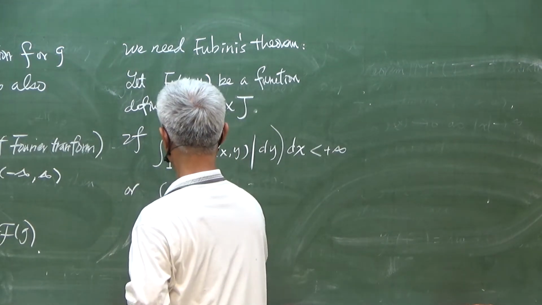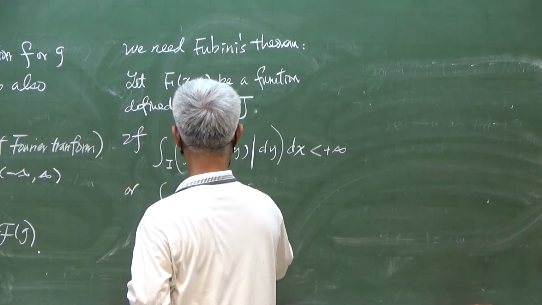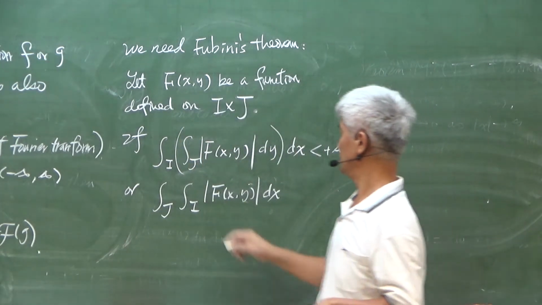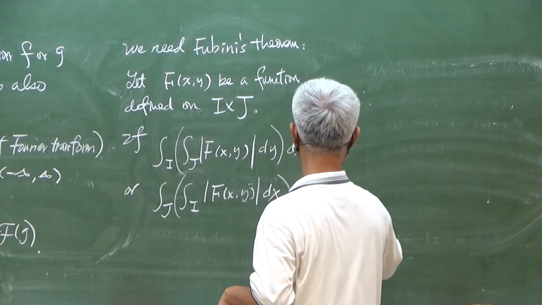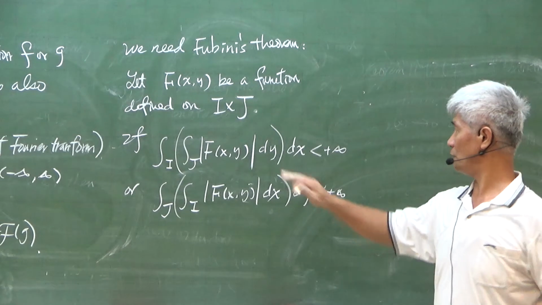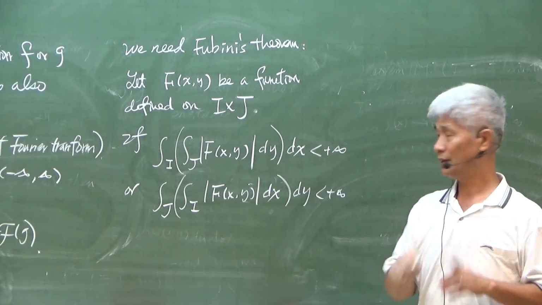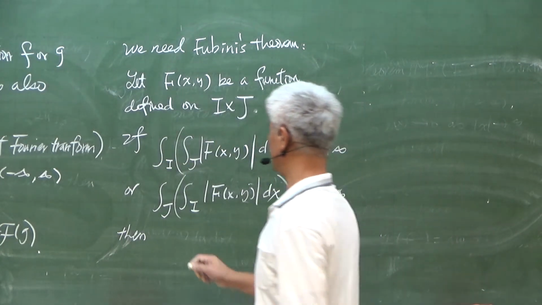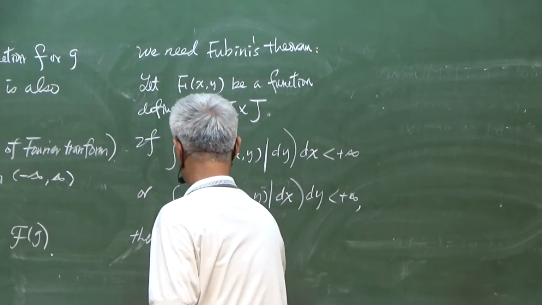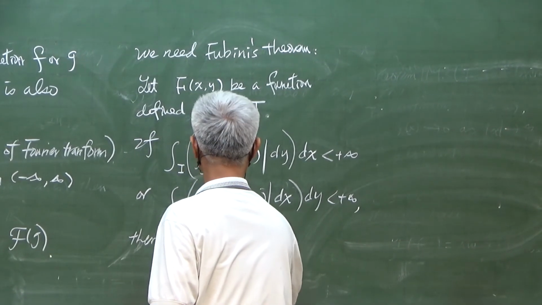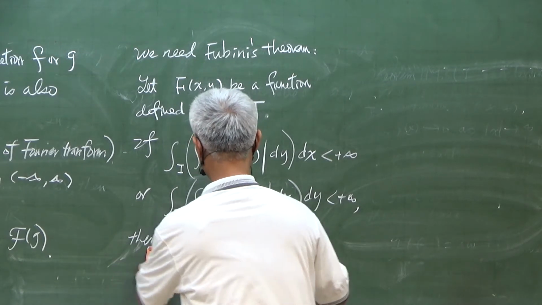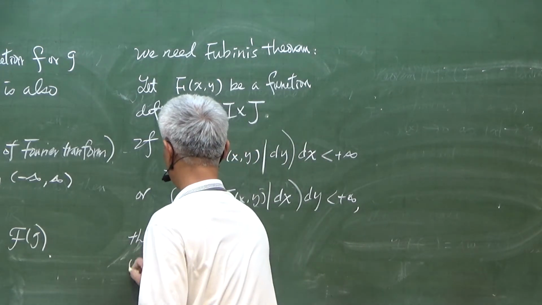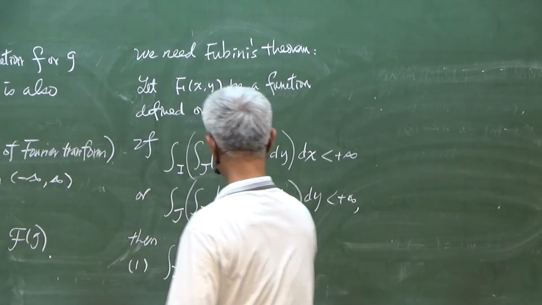Or you do it the other way: you integrate over x first and then over y, and you find it is finite. If either one is true, then we know that, first, these two iterated integrals are the same.